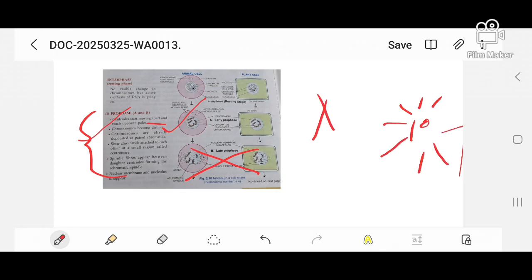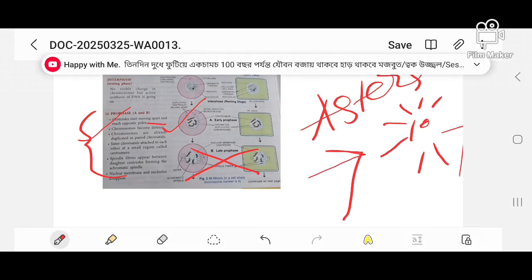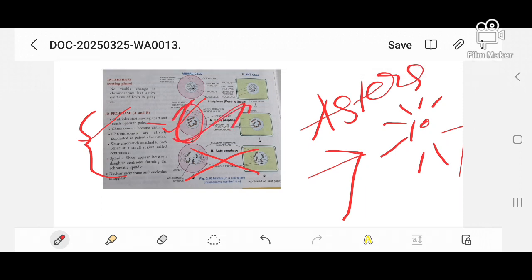These are called asters. This is aster. You will see here also. You can see the asters are mentioned. This one, but in plant cells you will never see.